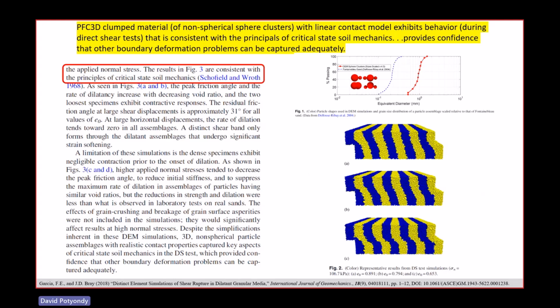And that's what they found for these shear box tests. And then they're saying, well, then we can probably hopefully get the right behavior if we did other boundary value problems, right? So this is a paper that talks about that if you're interested in that work. This Garcia guy was the student. He's now a professor. I'm not sure where.